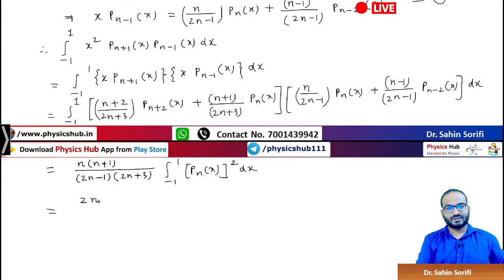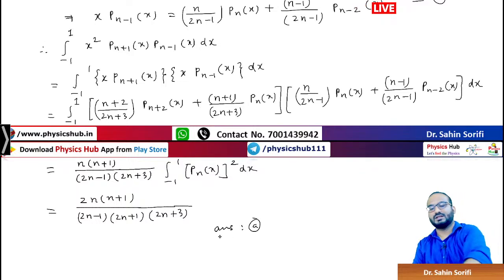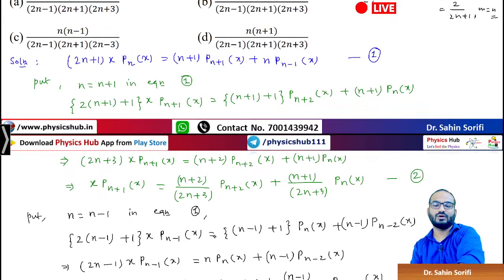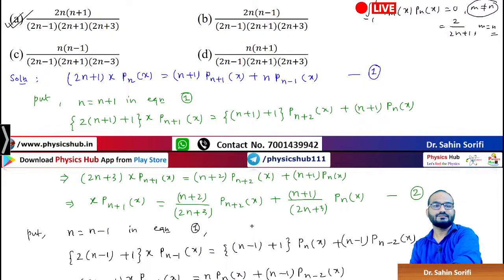So 2 times n into n plus 1 divided by 2n minus 1. This is 2 by 2n plus 1, and this 2n plus 3 was there. How simple it is. It is matching with option A. Only the calculation is looking broad or large, but the problem in itself is very easy. Option A.